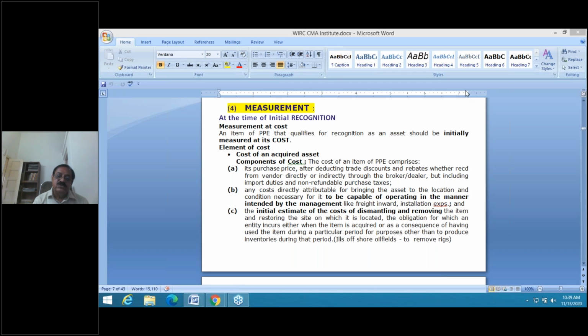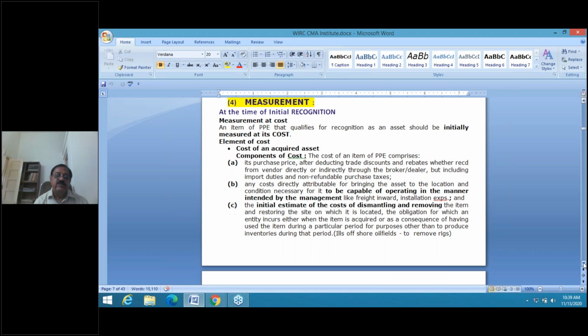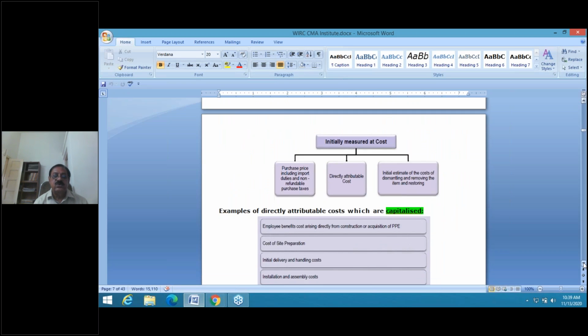So obviously those dismantling expenses, removing the debris and cleaning the land and leveling the land, all these expenses will be added to the cost of my factory building, friends. So this way, these are the costs which are to be incurred. So this demolition and removing cost may be incurred before installing the asset or at the time of removing the asset when the life is over.